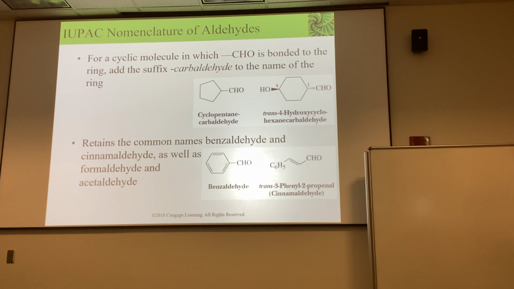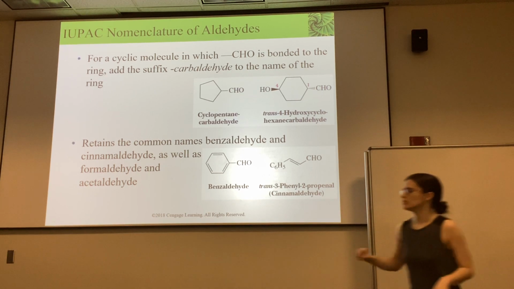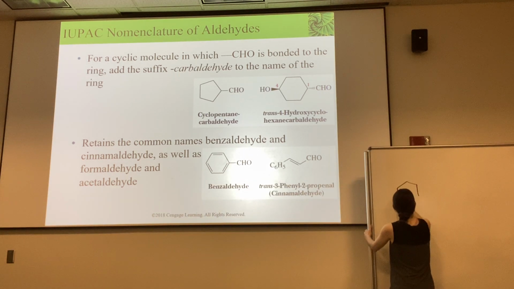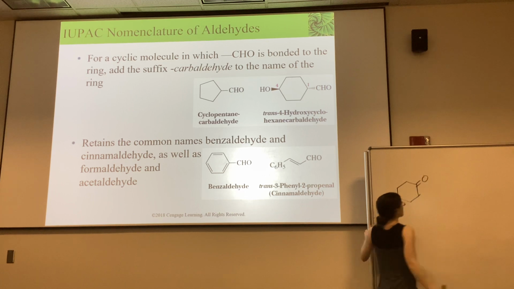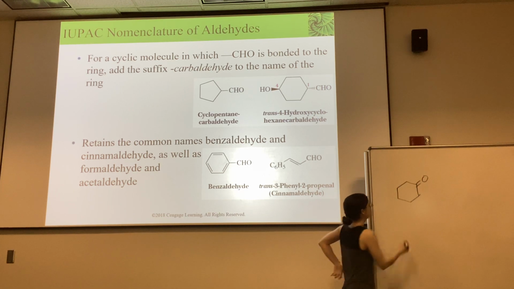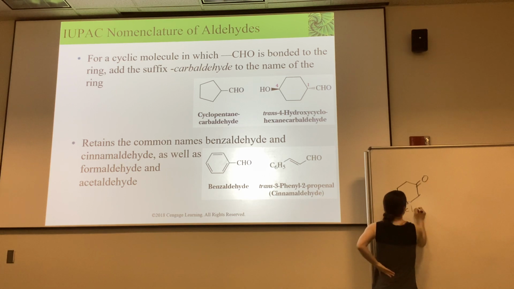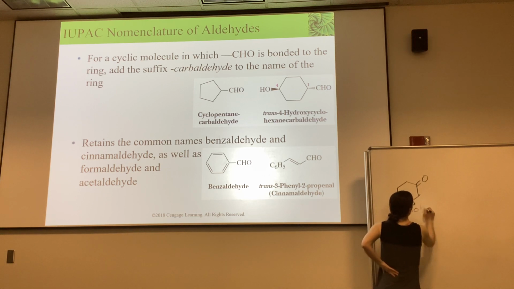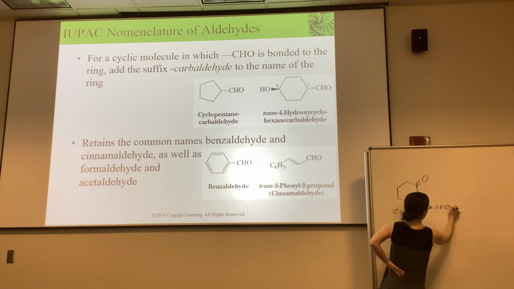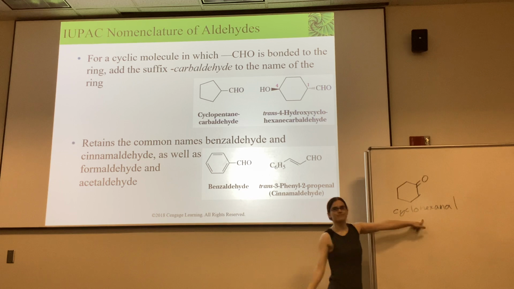For a cyclic molecule, if you've got the CHO coming off of the ring, not if you've got a cyclic molecule like this, because you can just as easily have this, right? This is not what we're talking about, because this would be cyclohexal.